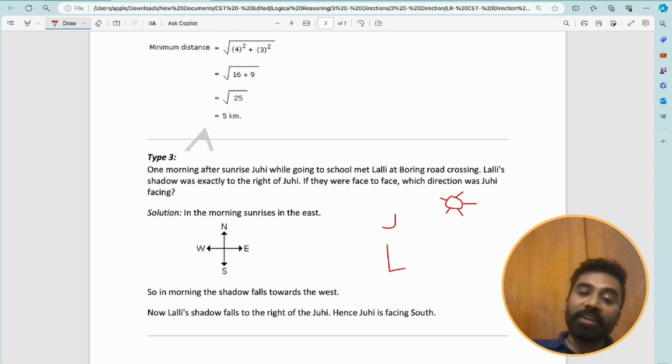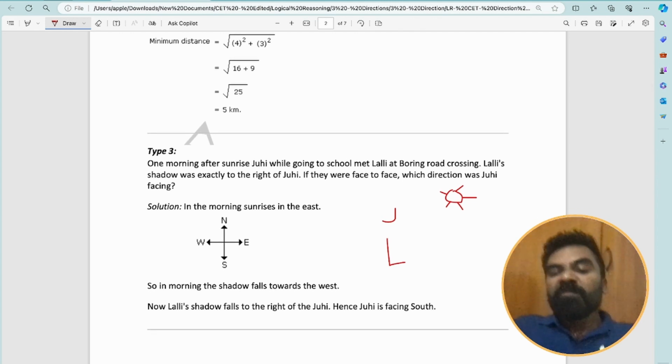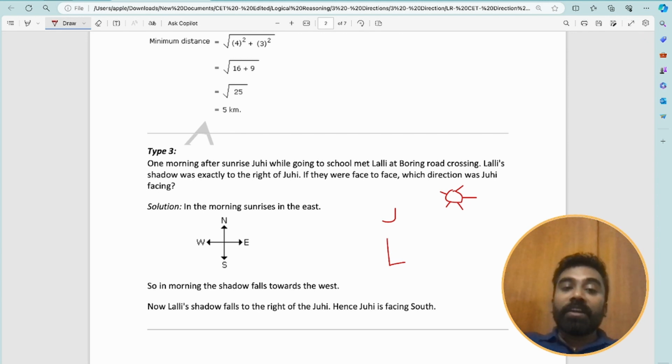Obviously, sunrise means the shadow will fall on the left hand side when I am facing north. But what are they telling? Lally's shadow was exactly to the right of Juhi.